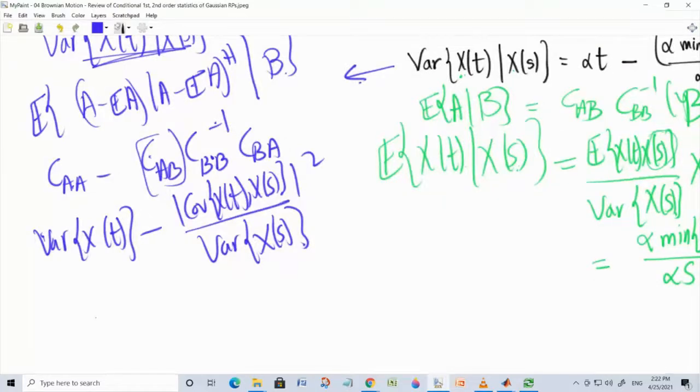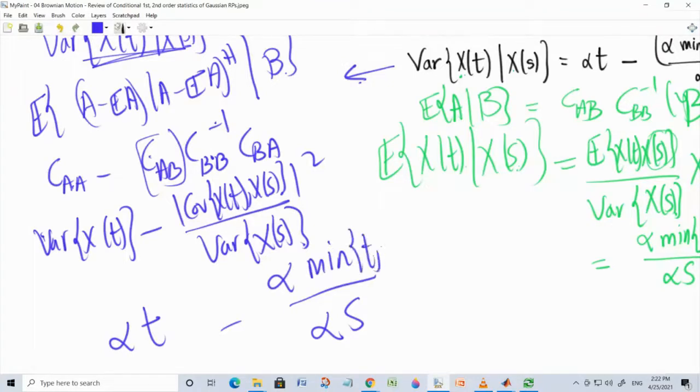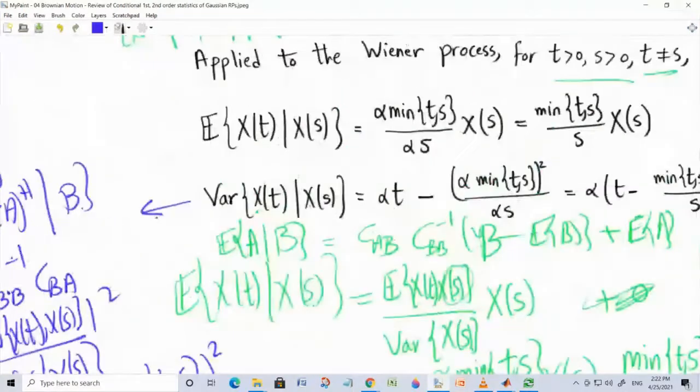Now, the variance of x of t is alpha times the time instant t. The variance of x of s is alpha times s. The covariance of x of t and x of s is the same as the expectation of x of t, x of s, because the process is zero mean, which is alpha multiplied by the minimum of t and s, and then don't forget that there is a square here.